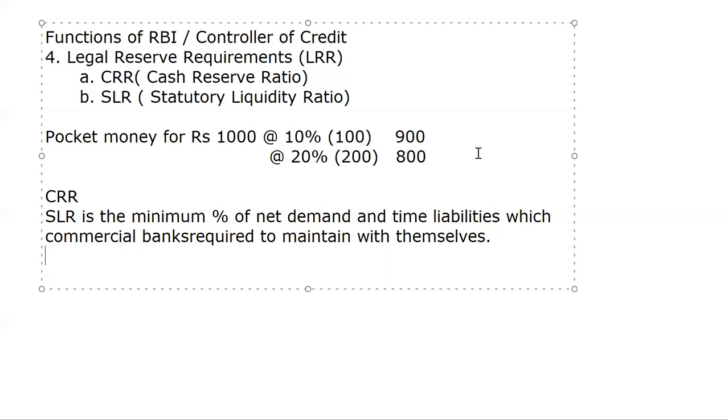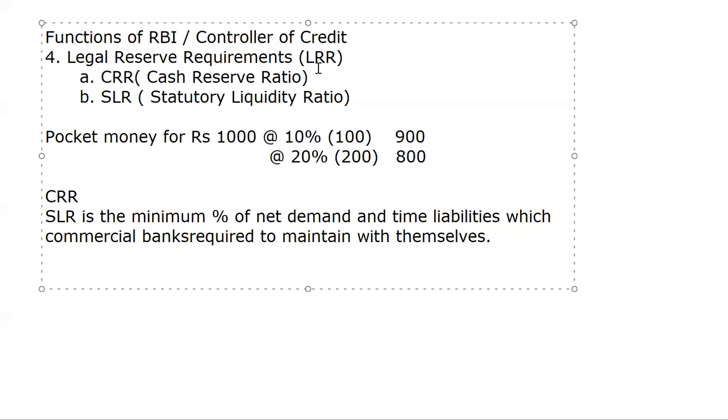An increase in SLR reduces the ability of banks to give credit, and vice versa, as we have already discussed. If the percentage is increased, obviously the banks would be able to keep a lesser amount with themselves, and consequently it will lead to their lower lending capacity.